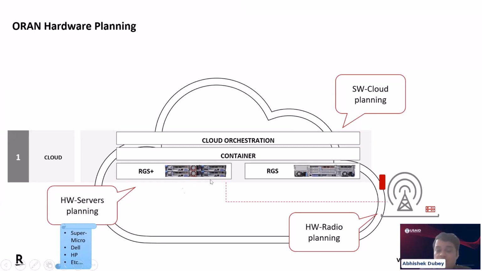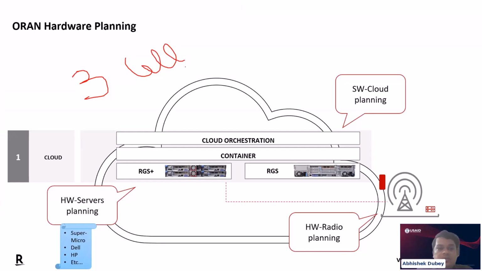Once you plan the server, while you're planning you have to dimension your resources. What I mean by dimensioning is, let's say there is one customer who requires only 3 cells for their deployment.